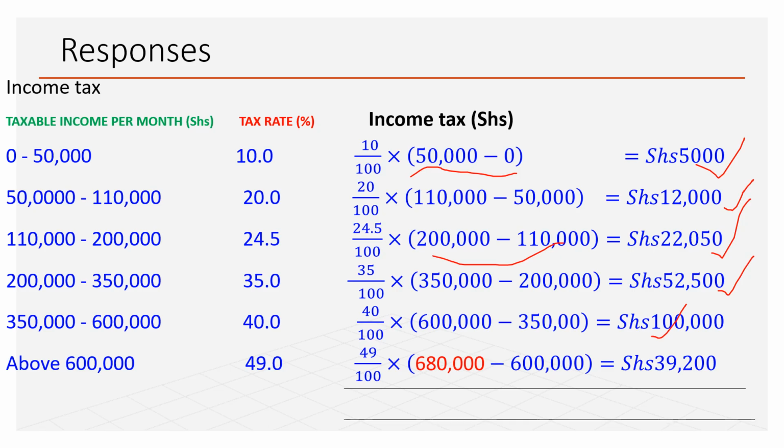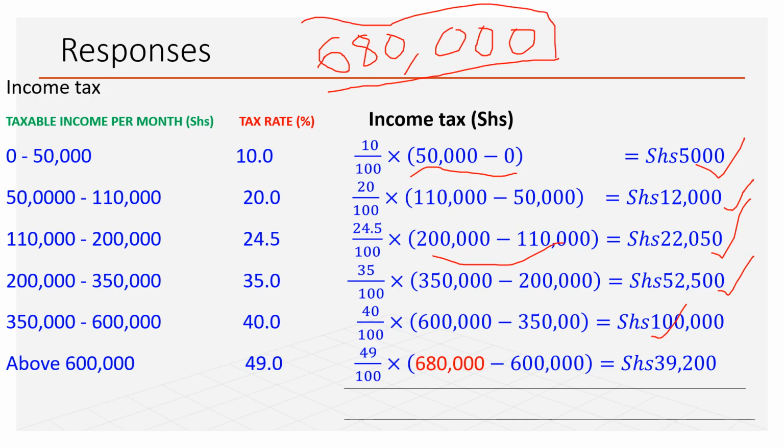But now this is tricky, that after knowing that we have our taxable income 680,000, we need to task ourselves and ask ourselves in which range of the taxable income.